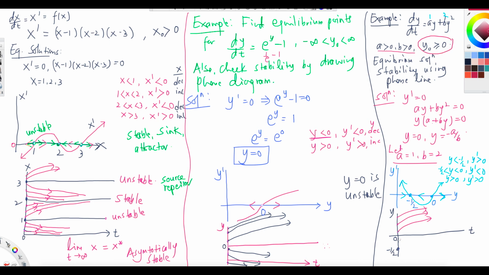But if you were asked for y0 between negative infinity and infinity, you would have to consider the graph below 0 too. In that case, between 0 and -1/2, it would look like this, right? Although you don't have to, you would draw a horizontal line at -1/2 as well.